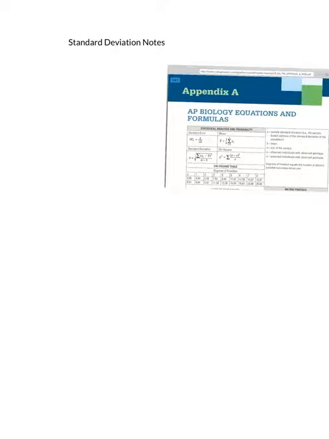I'm going to pretend that we ran the enzyme lab 4 times. For trial number 1, my rate was 0.8. I don't have my labels up here, but we'll say 0.8 milliliters per minute. So this is the actual rate.